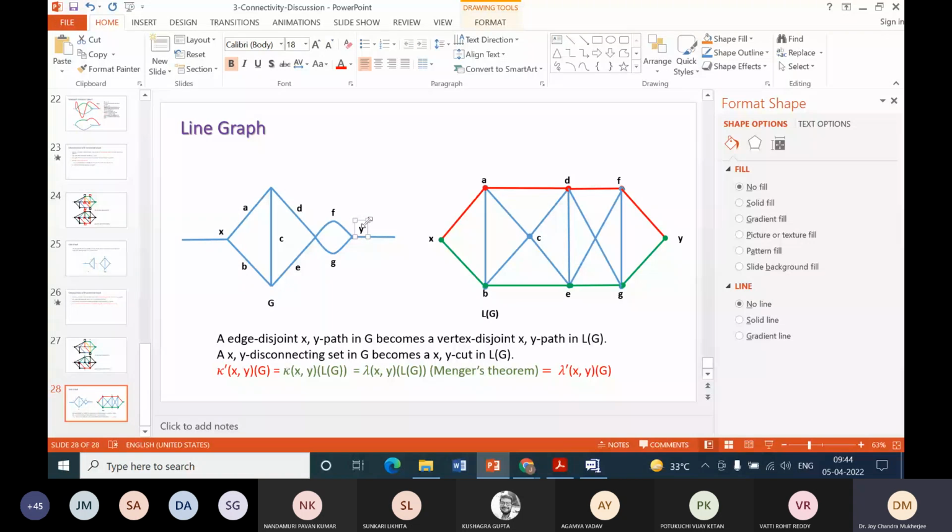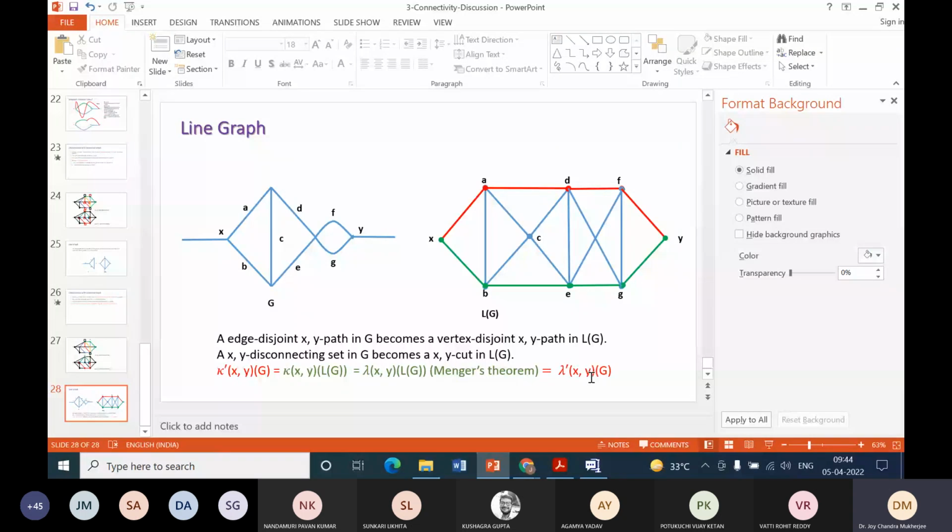Now to prove that kappa prime xy equals lambda prime xy, what I have done is: x and y both are vertices, all other things are edges.